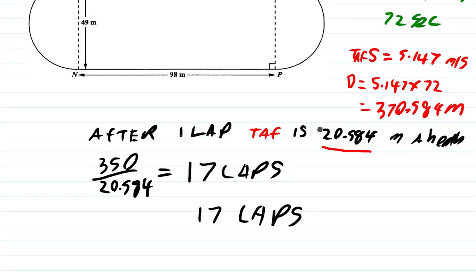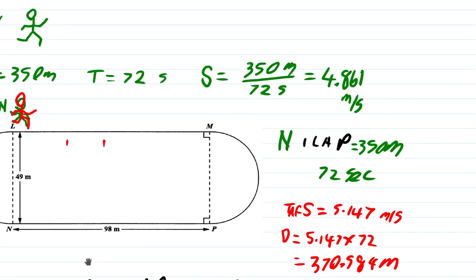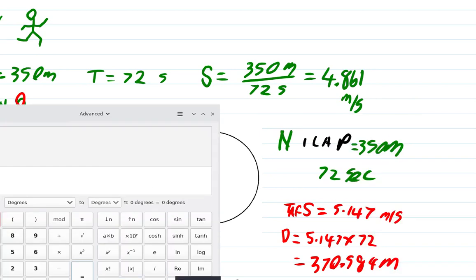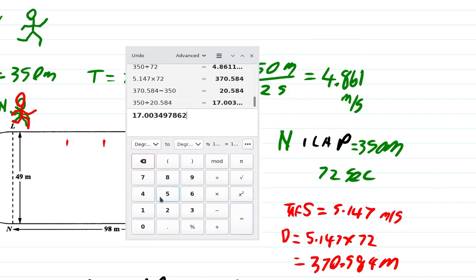So remember now, if you look at Nathan's speed and Tafari's speed, at 17 laps, 17 times 350, the distance covered would be 5,950. Now, that's the distance covered by Nathan, right? 5,950 meters. Now, how much time would it take?